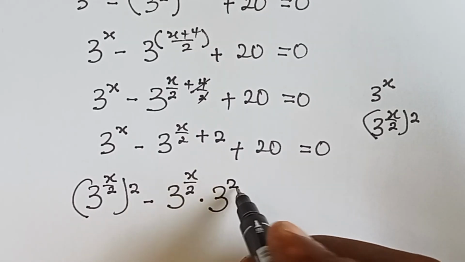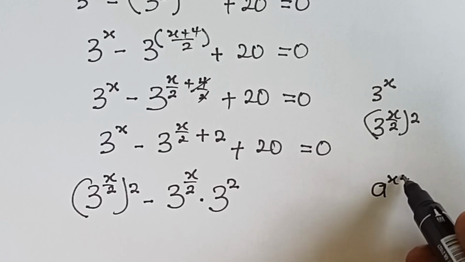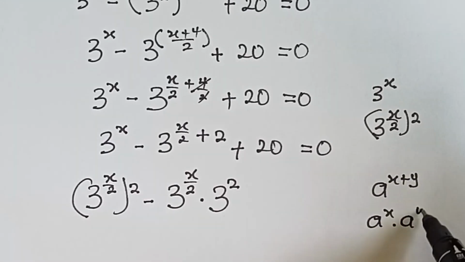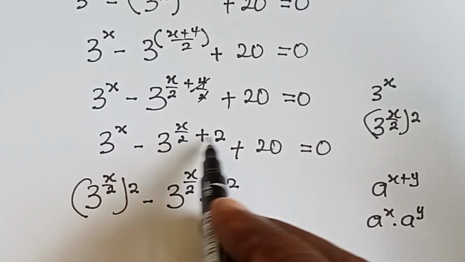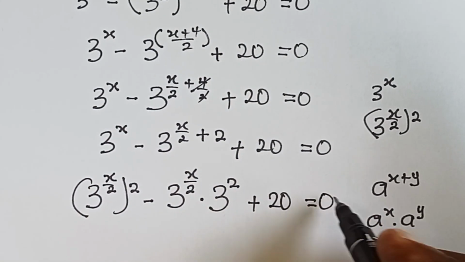One of the laws of indices says that a raised to power x plus y is the same thing as a raised to power x multiplied by a raised to power y, and that is what I have applied here. Then plus 20 equals 0.